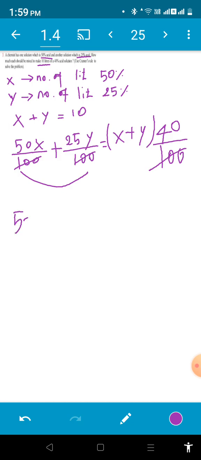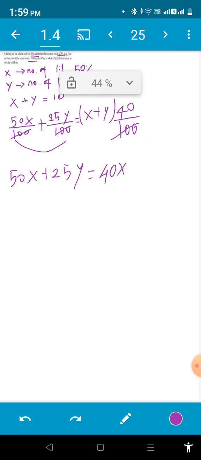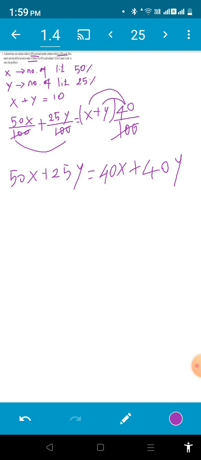So I get 50x plus 25y on the left-hand side, and 40x plus 40y on the right-hand side, because the 40 is multiplied in. Then 50x minus 40x gives 10x, and 25y minus 40y gives minus 15y, which is equal to 0.